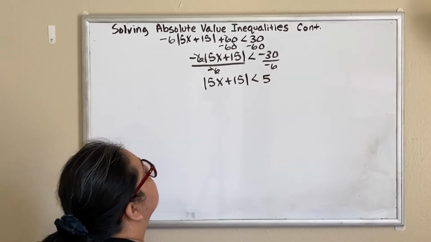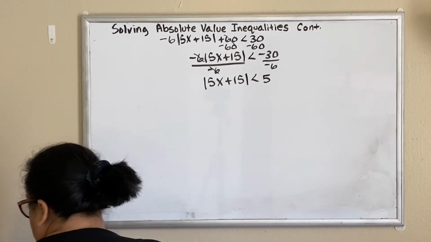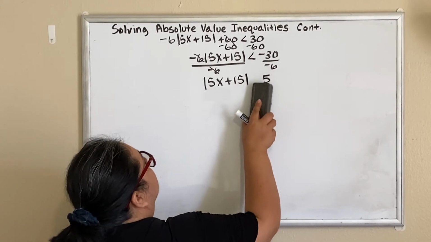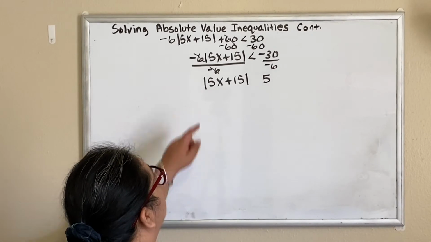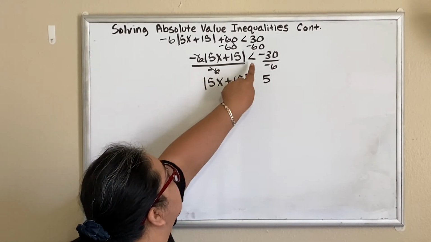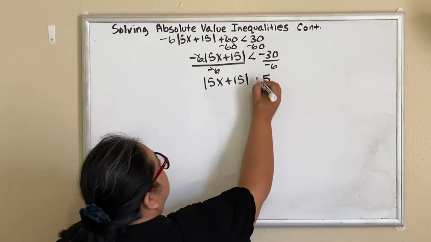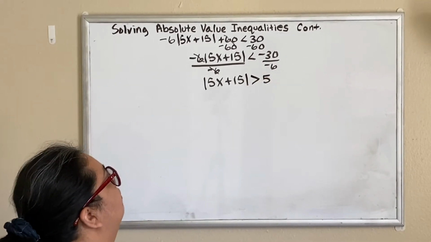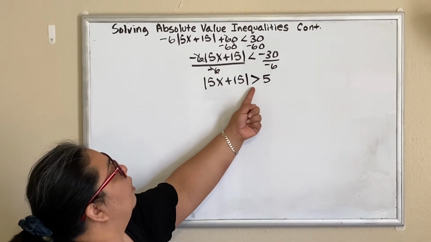And notice, oh, I made a mistake. I apologize. The inequality is supposed to flip. I divided by a negative. So this less than symbol flips to a greater than symbol. So now we have an or statement.